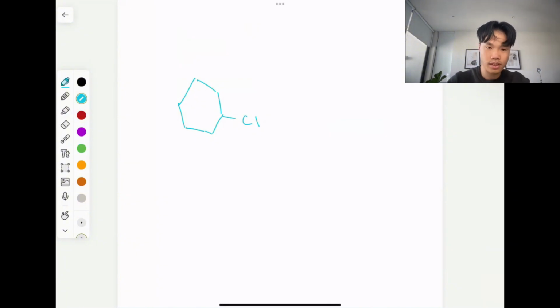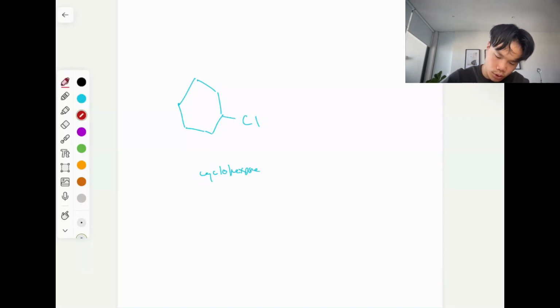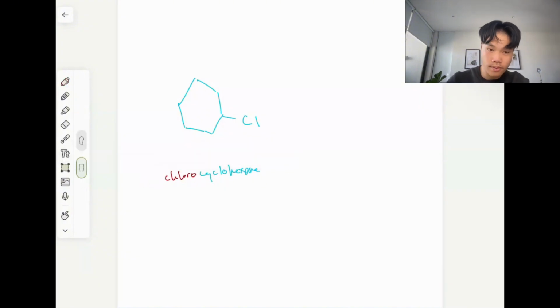So will it be hexane? Cyclochlorohexane? Almost. It's a cyclo. The cyclo is going to stick together with the alkane. So it's a cyclohexane. And then the chlorine, the halogen always comes at the front. So it's going to be chlorohexane. Sorry, chlorocyclohexane.